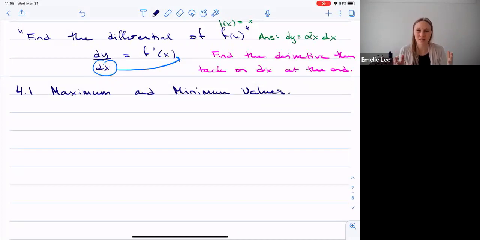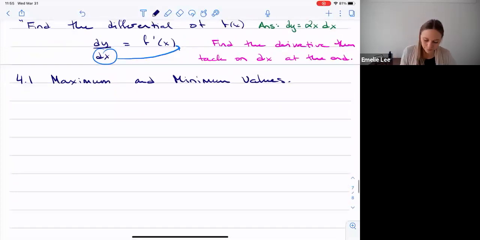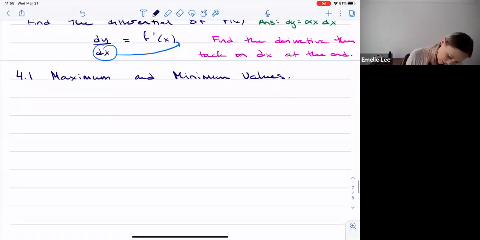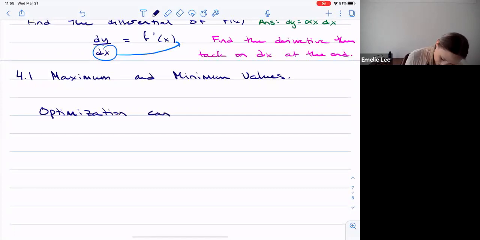If I maximize the cost to make a thing, that's really bad. I want to maximize profit, right? So depending on what we're talking about, optimization can be either a maximum or a minimum. Optimization can mean either minimize or maximize.